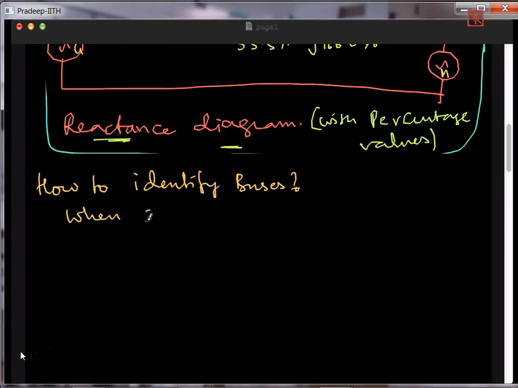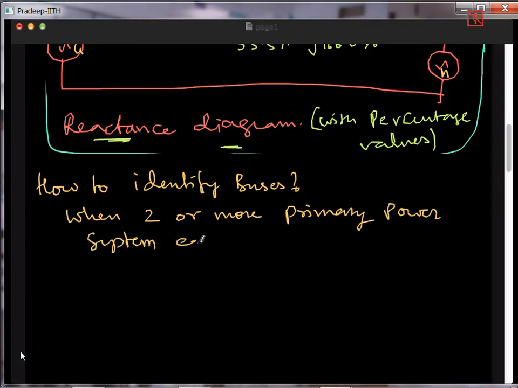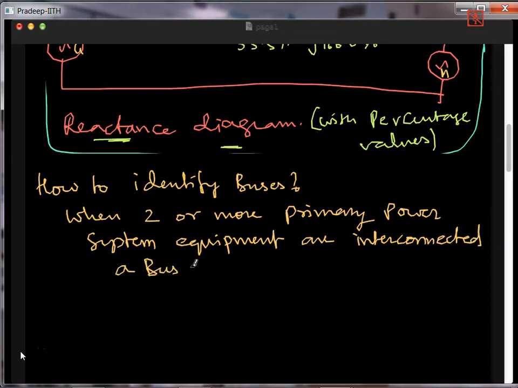When two or more primary power system equipment are interconnected, a bus bar, a bus or a node is formed.